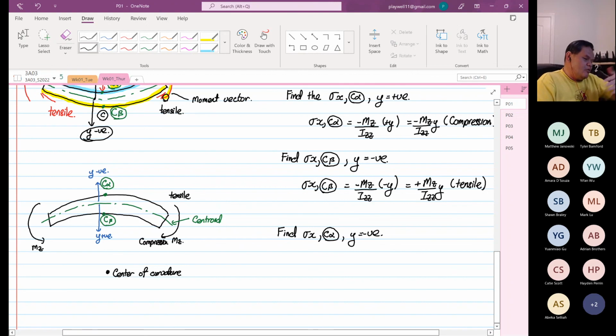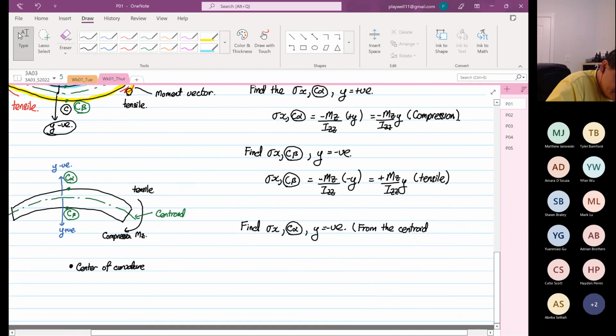Because it's pointing away from the center of curvature.